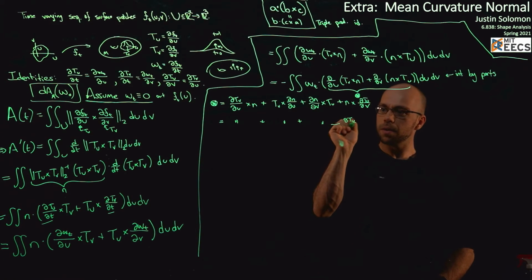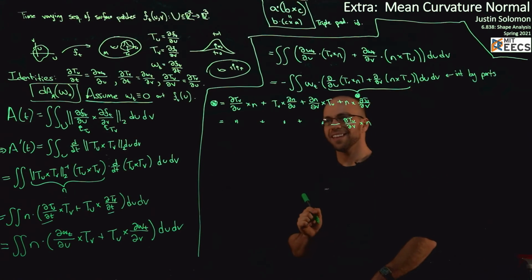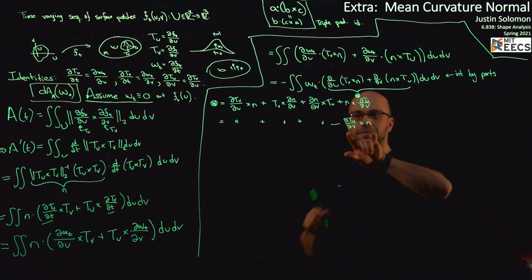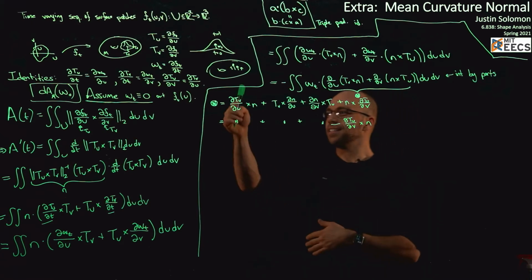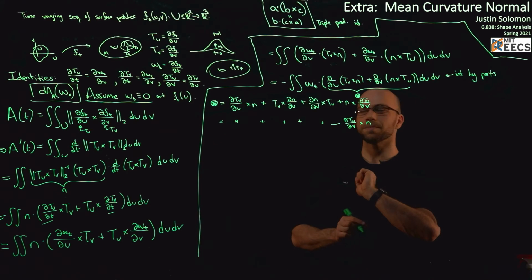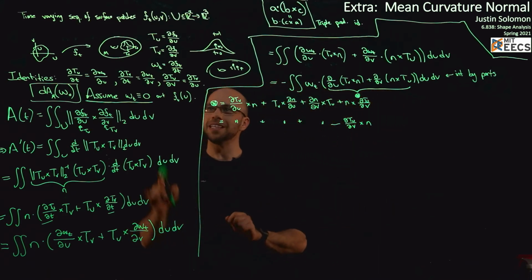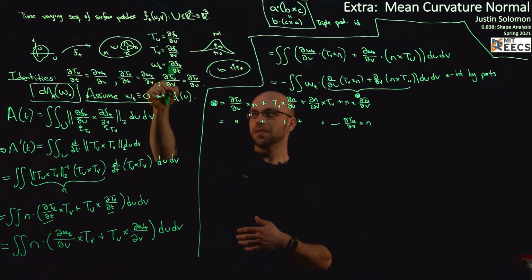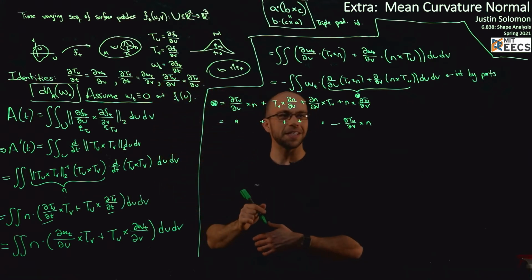dtu/dv cross n. And now here's kind of an interesting thing. I have dtu/dv cross n, and I've got dtv/du cross n with opposite sign in front of each other. But take a look. So we have this convenient little identity right here, again from mixed partial derivatives, that the derivative in the v direction of tu is equal to the derivative in the u direction of tv.